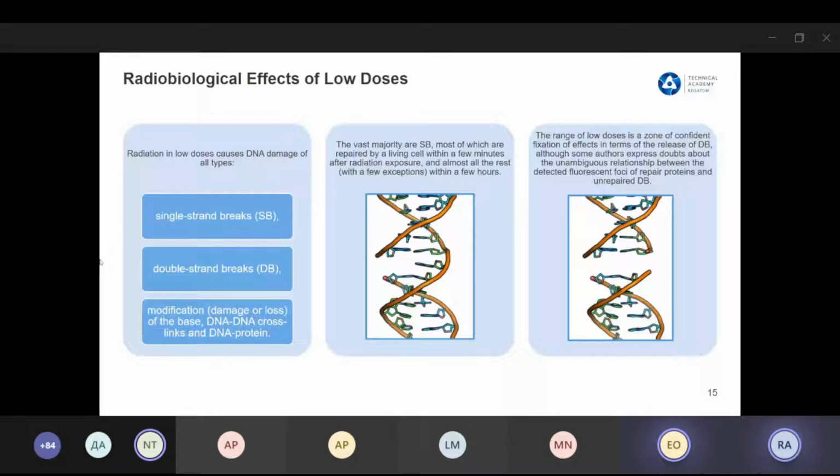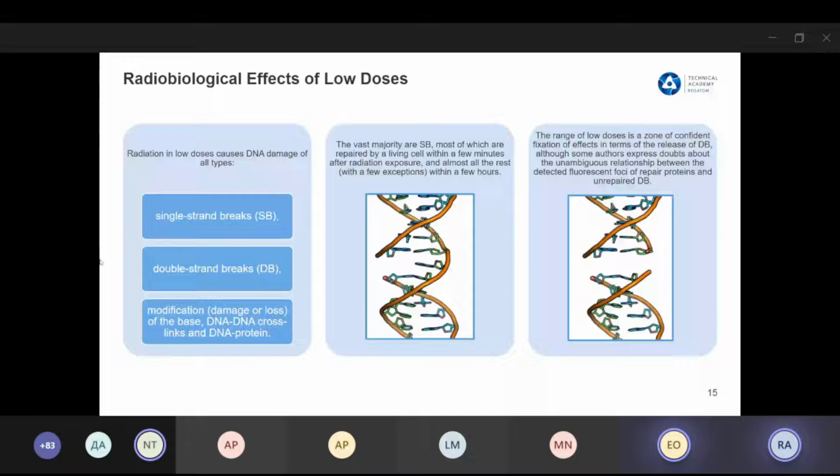Until the 1990s, the sensitivity of available methods was not enough to reliably detect DNA damage of various types after low-dose irradiation, even in relation to the simplest and most massive type, single-strand breaks.